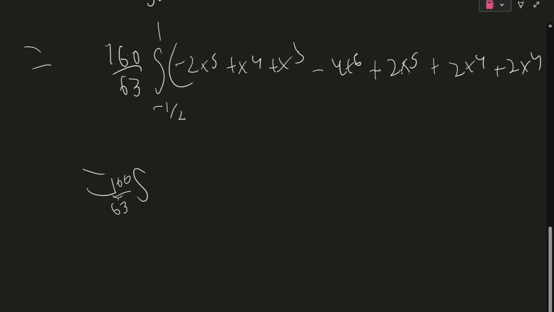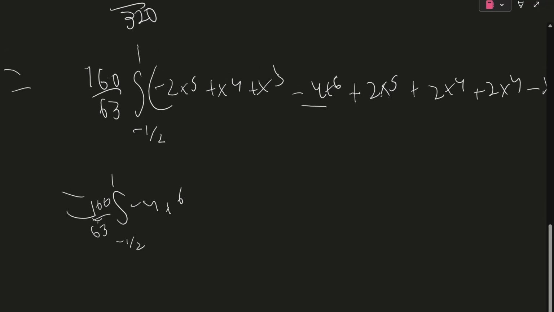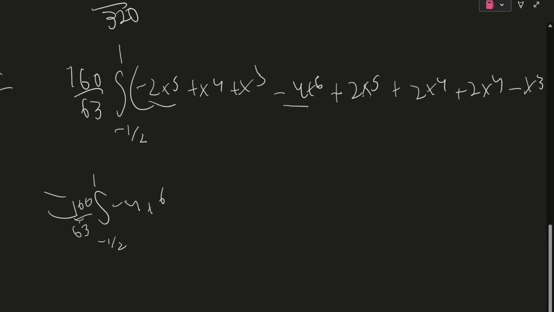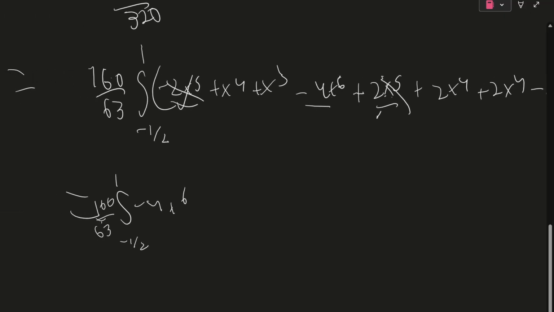We can now rewrite our next term and simplify a couple of things. We'll start off with our highest term, negative 4x to the 6th. We have our x to the 5th terms, negative 2x to the 5th, positive 2x to the 5th. Those two cancel out. We have no more x to the 5th terms.